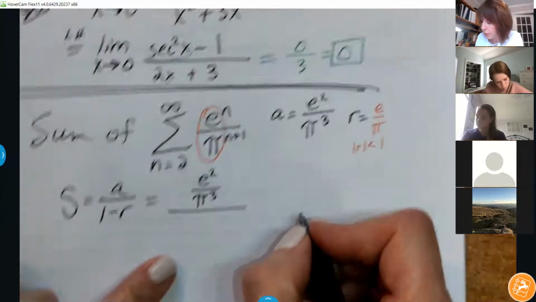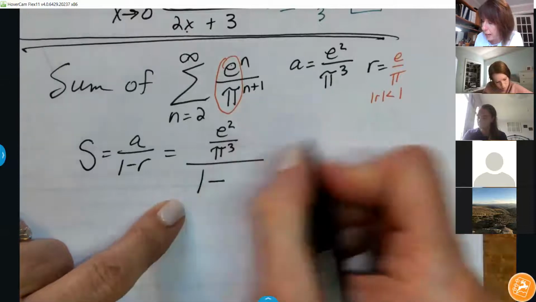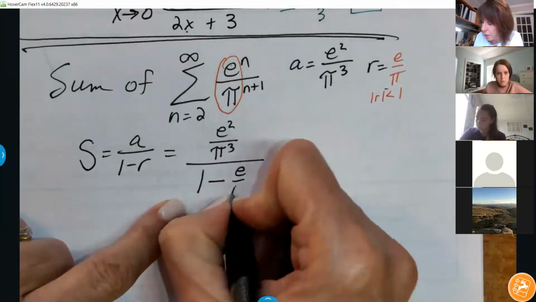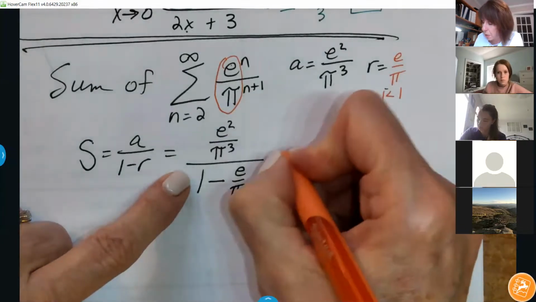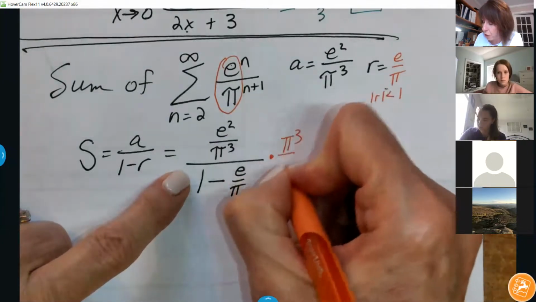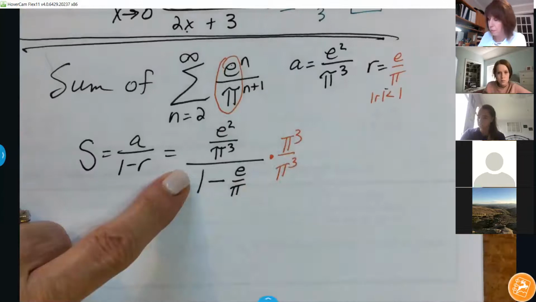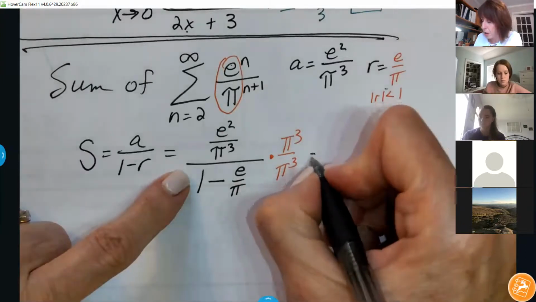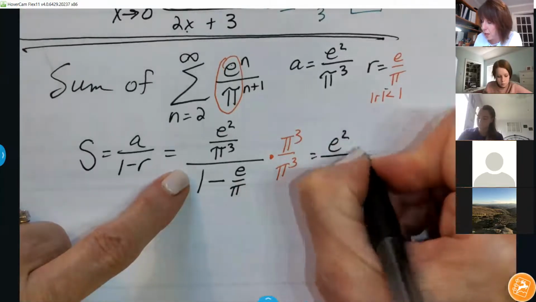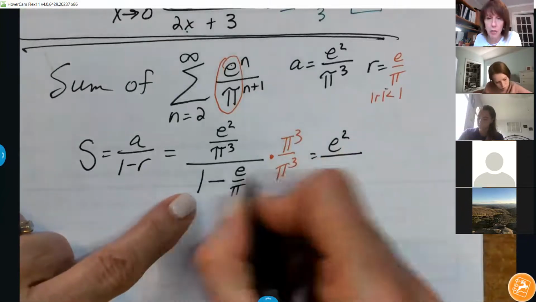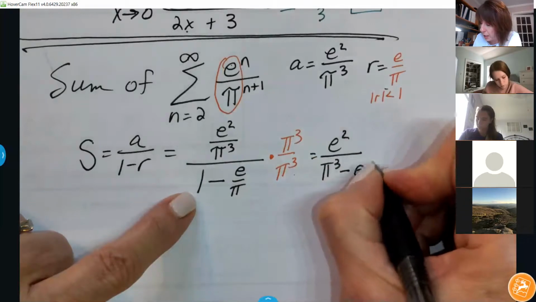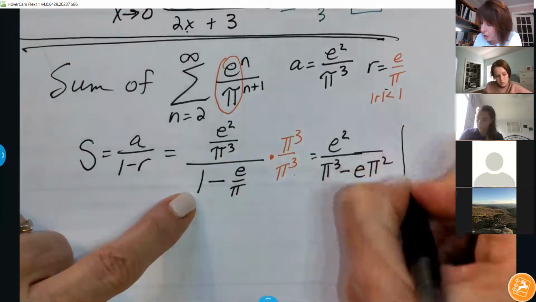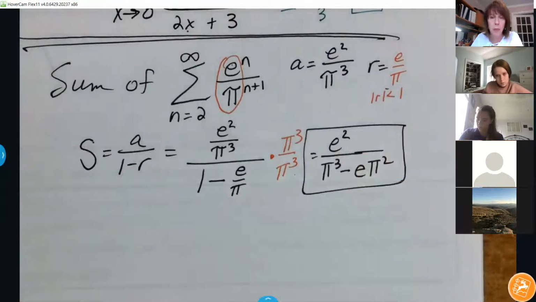So now we have 1 minus e over pi. To simplify this, I'm going to multiply top and bottom by pi cubed. Up on top, we have e squared. On the bottom, don't forget to distribute it, so you have pi cubed minus e times pi squared. And that would be the sum.